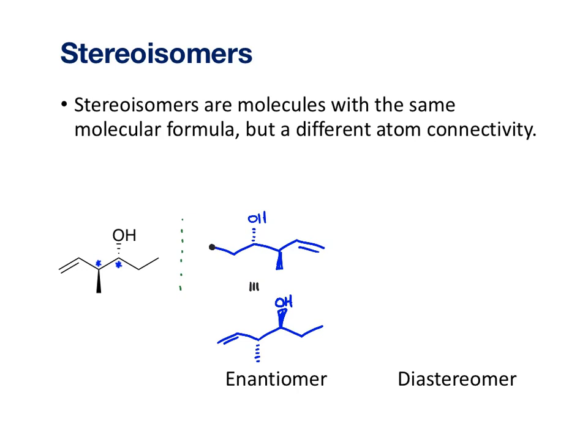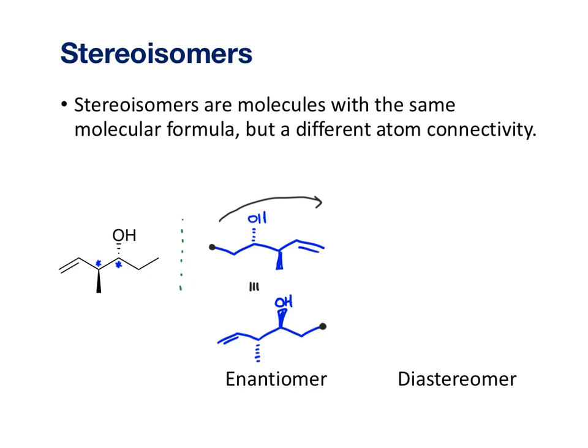If you flip this over horizontally in the page, that carbon will come to here. And when you flip that horizontally, the OH ends up going from back to out, the methyl from out to back. So it doesn't matter which method you use to draw the enantiomer, you get the same structure.